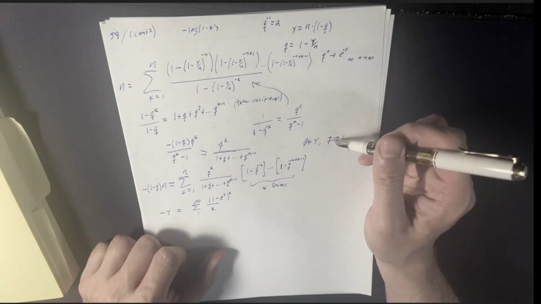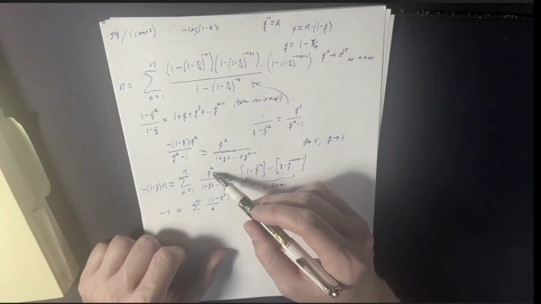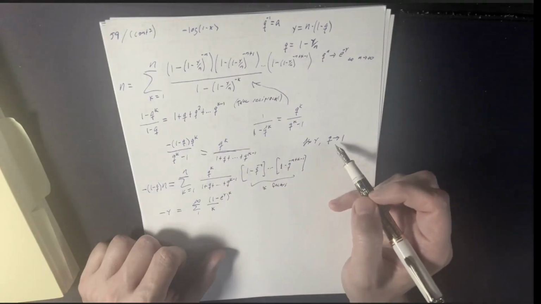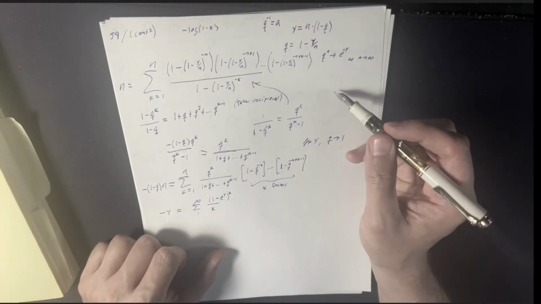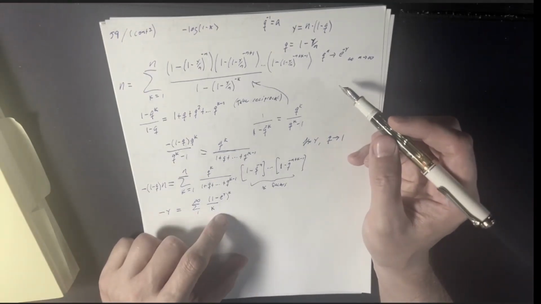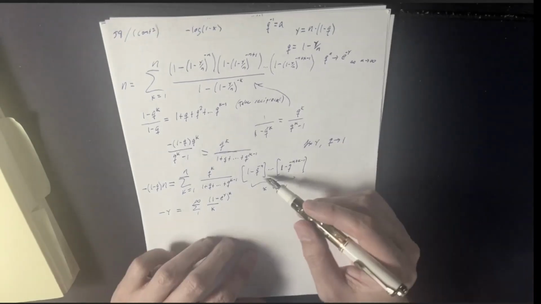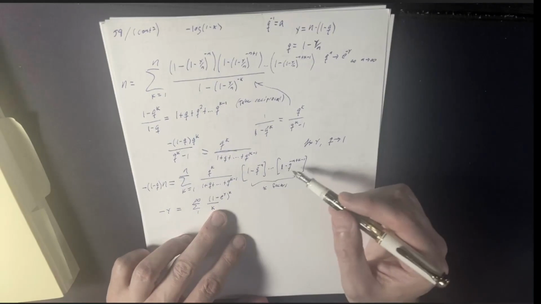So q on its own, for a small power, that goes to 1. But yeah, does that make sense? Each one of these, though, goes to 1 minus e to the y.